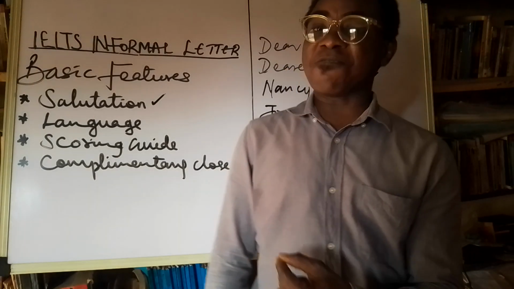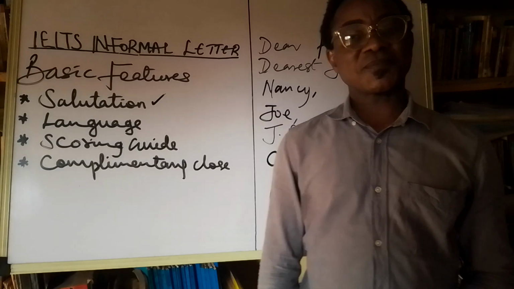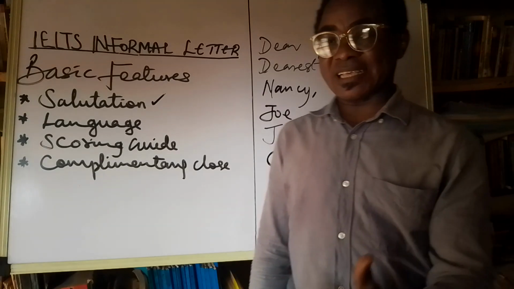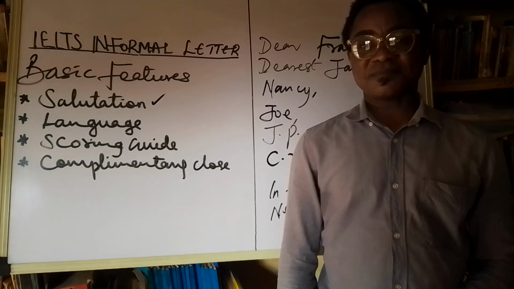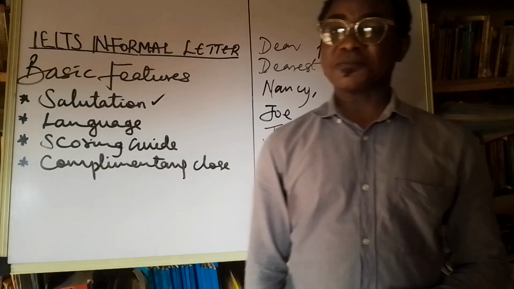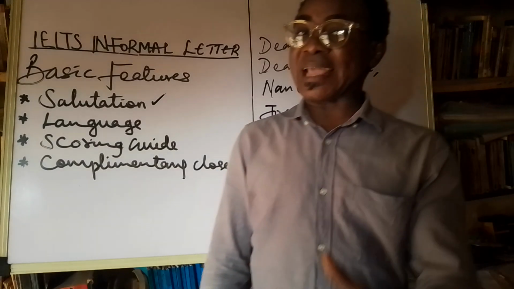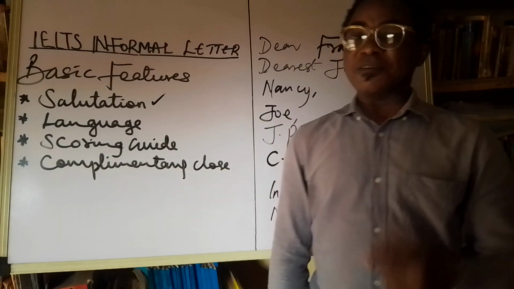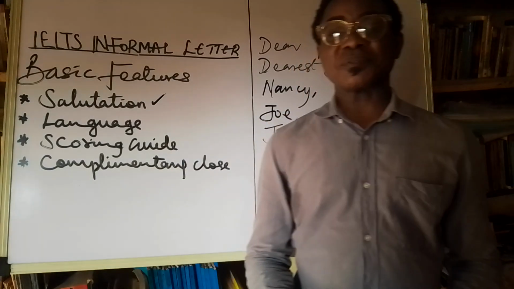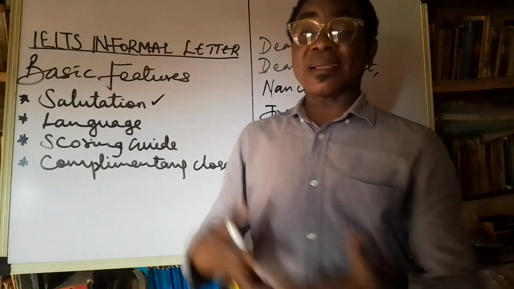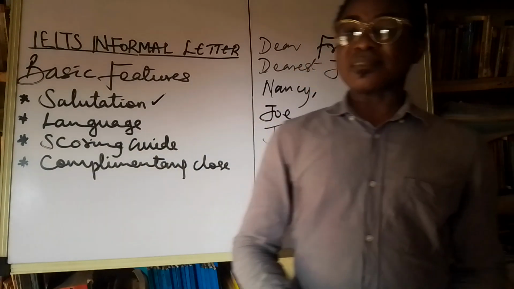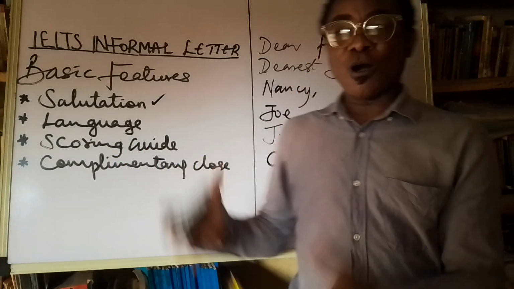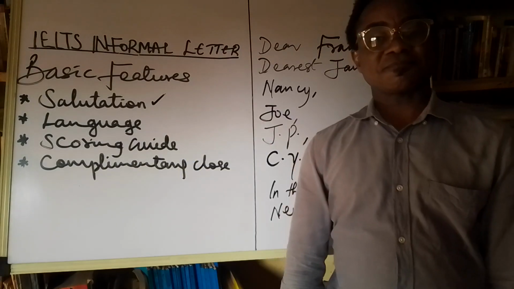Auntie is more informal than aunt. And you say my bro for brother, my sis for my sister, my cuz for my cousin, and so on and so forth. These are some examples of slang expressions that are expected to form a part of your informal letter.